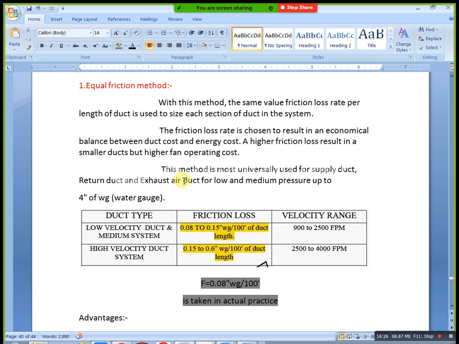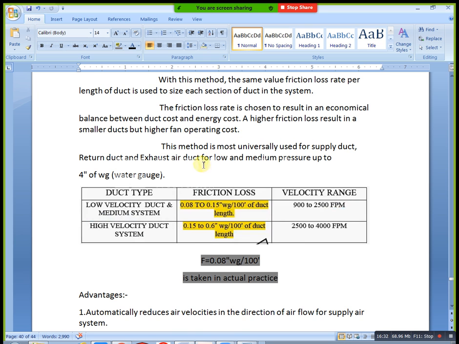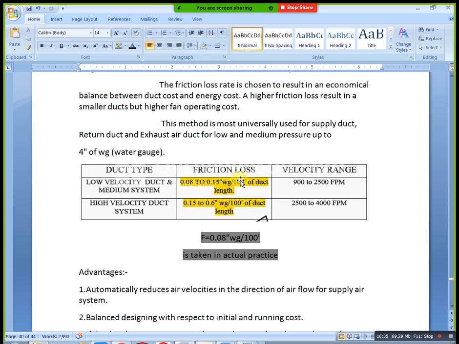Next, see here we have duct type, friction loss and velocity range. Already we discussed this. Again you can see this friction loss is constant. For low velocity duct and medium velocity duct, two systems, we have this much friction loss. The velocity range, you already know, is 900 to 2500. Low velocity up to 2000 we consider.